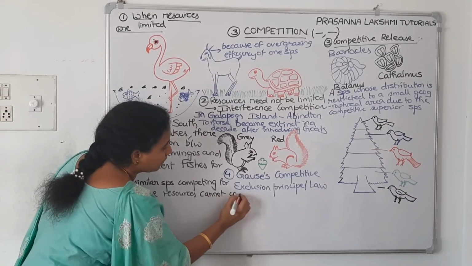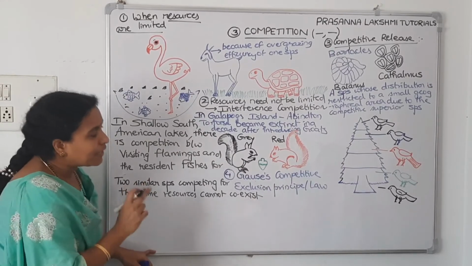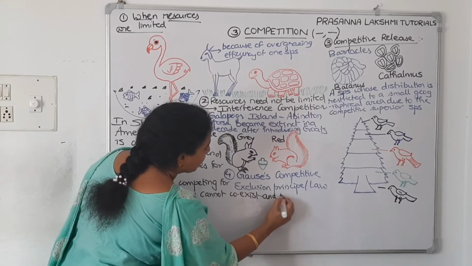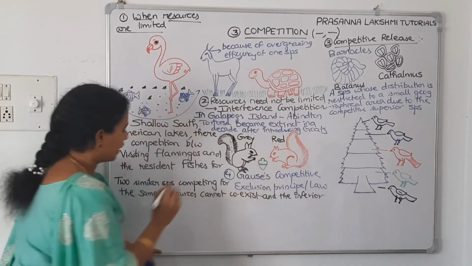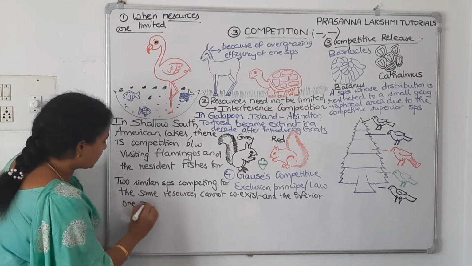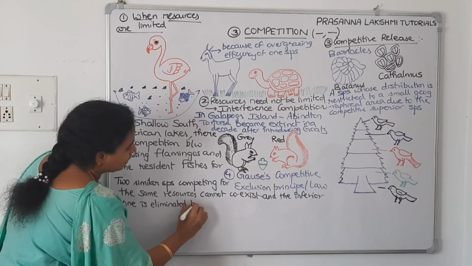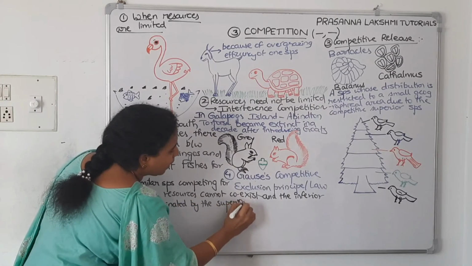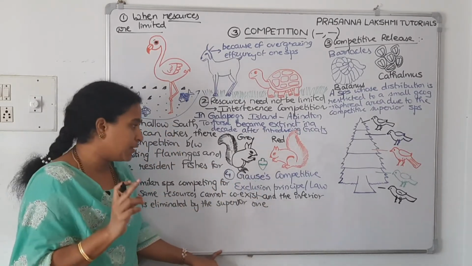They cannot coexist, and the inferior one will be eliminated by the superior one. Here the inferior one is the grey one. This is what Gause's competitive exclusion principle says.